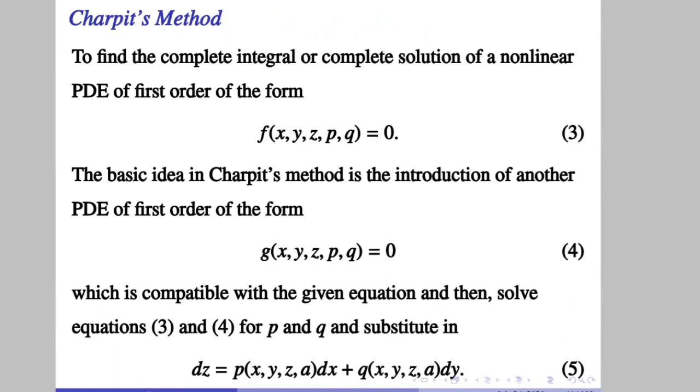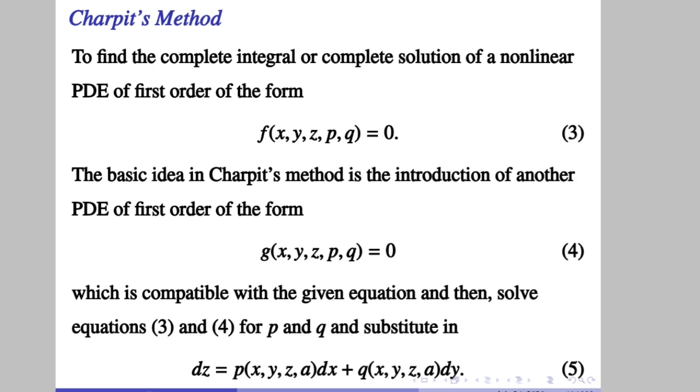And then the next one is Charpit's method, to find the complete integral or complete solution of a nonlinear partial differential equation of the first order of the form f of x, y, z, p, q is equal to 0.